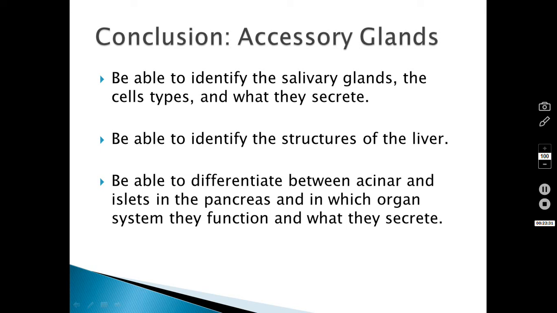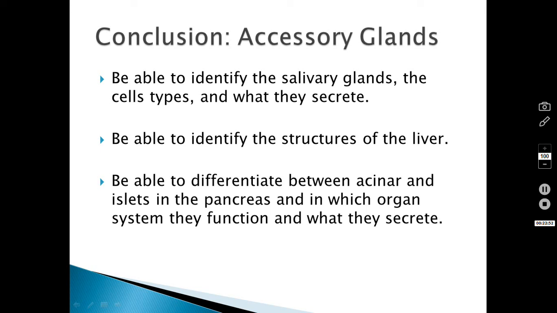You need to be able to identify the different structures of the liver, so the lobule, the central vein, the sinusoids, the hepatocytes, the portal triad, whatever else was on that sheet that I gave you guys. And then in terms of the pancreas, be able to differentiate between the acinar portions and the islet portions of the pancreas.